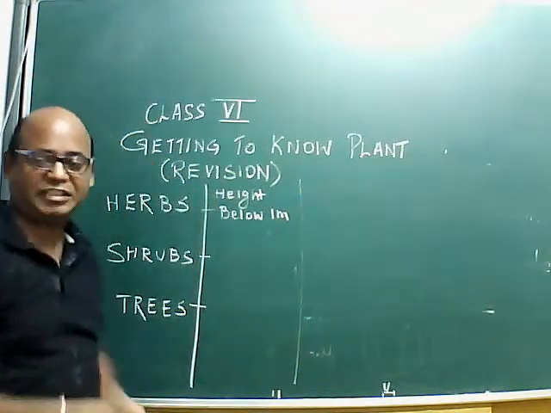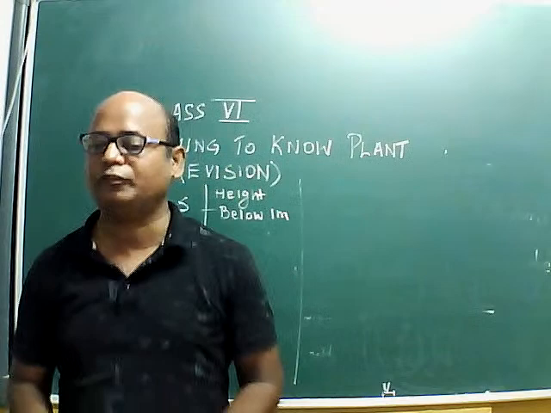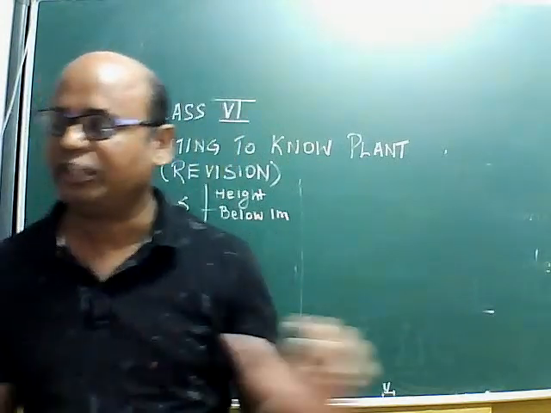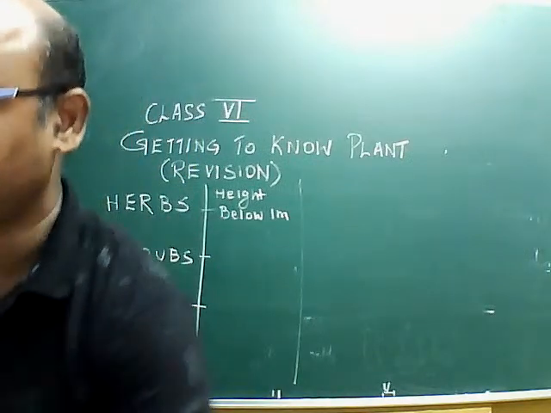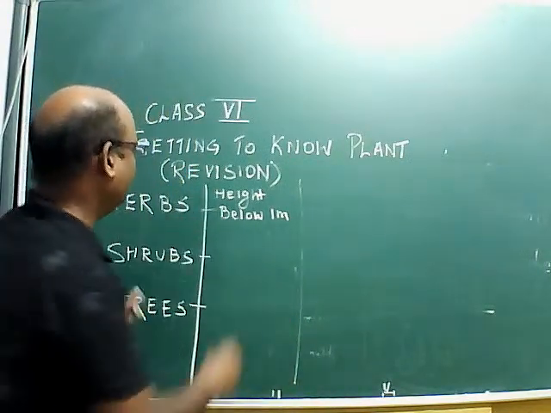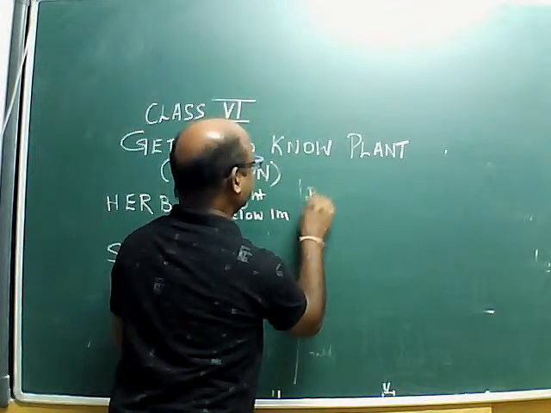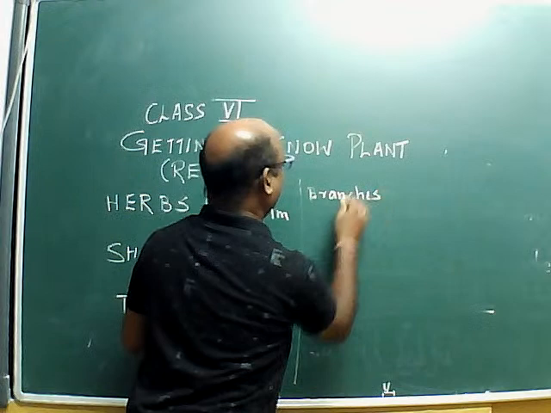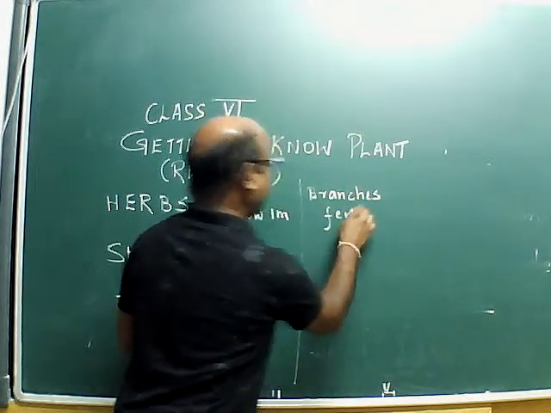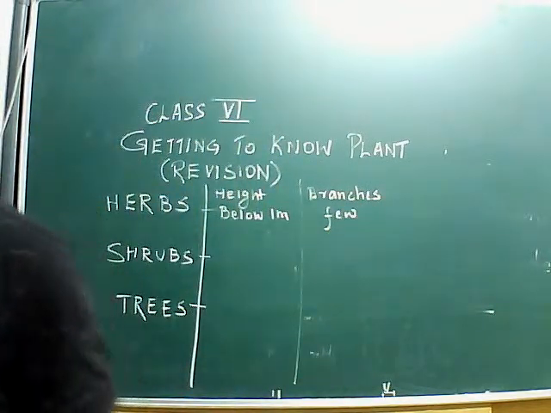Then branches. In case of the herb, we will find very few branches, not like shrubs or trees. So branches: few. And how is the stem?